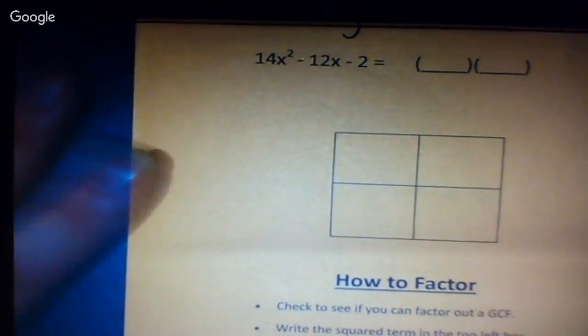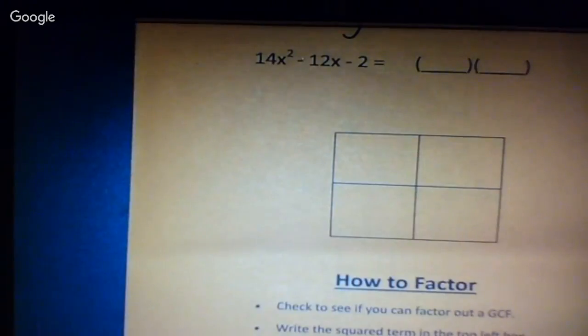All right. So we did greatest common factor first because that's the first thing you always need to check when you're factoring. Anytime they're asking you to factor, you want to look at your polynomial and say, do I have a greatest common factor? That's step number one. So if I've got 14x squared minus 12x minus 2, what do 14, 12, and 2 share in common? 2, good.